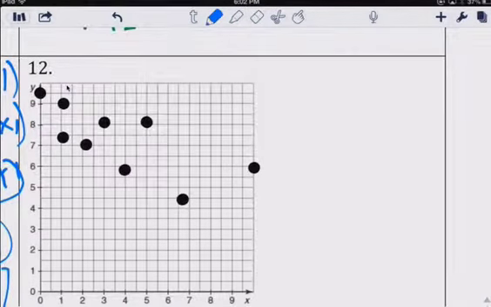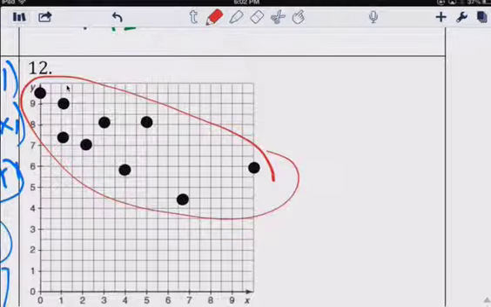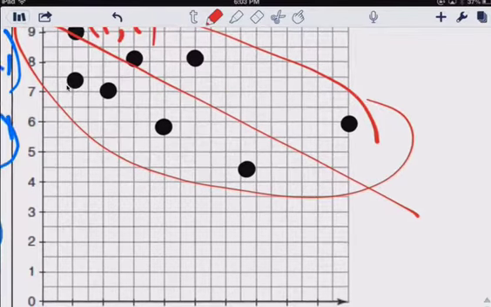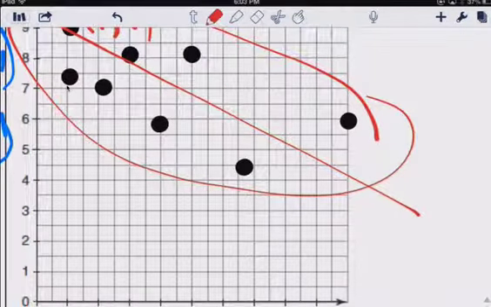Okay, this one here, circle the dots, split them in half. I choose (1, 9). And I'm going to choose another dot that's not there. Oh my goodness, none of them are exact.